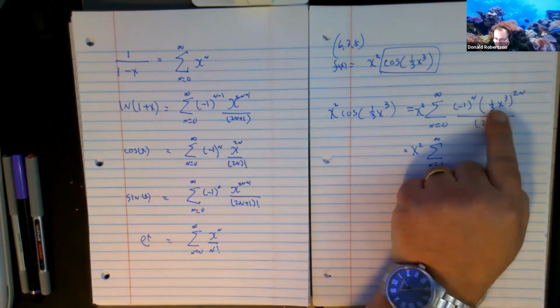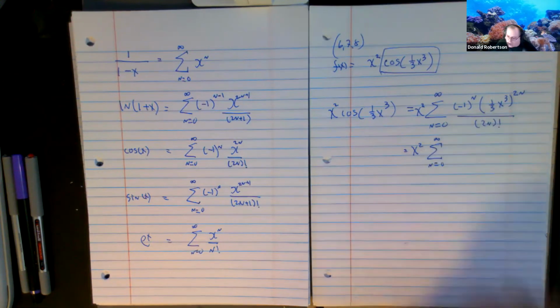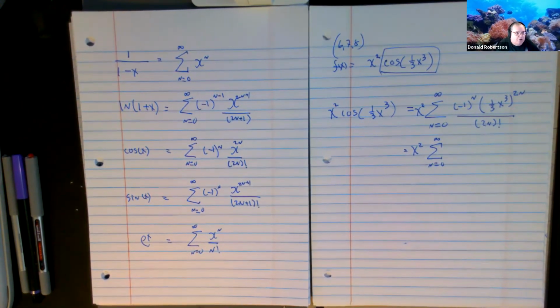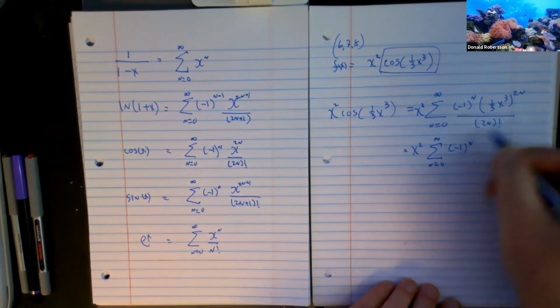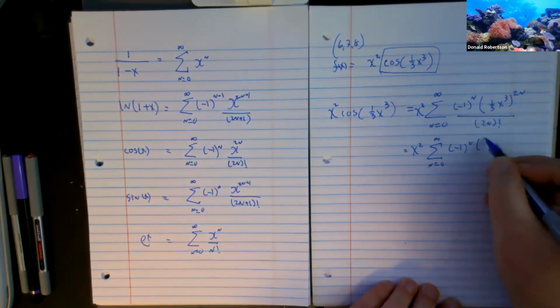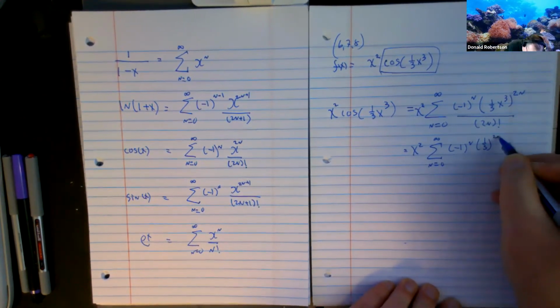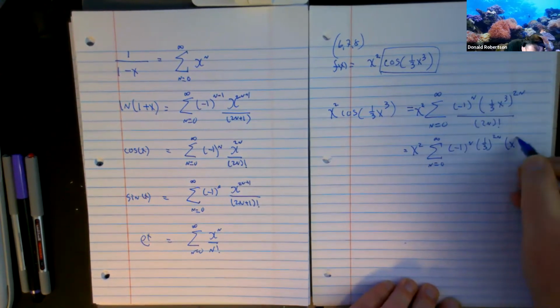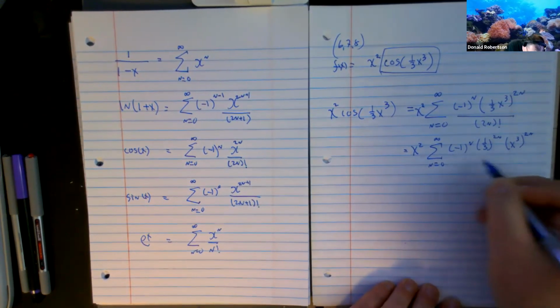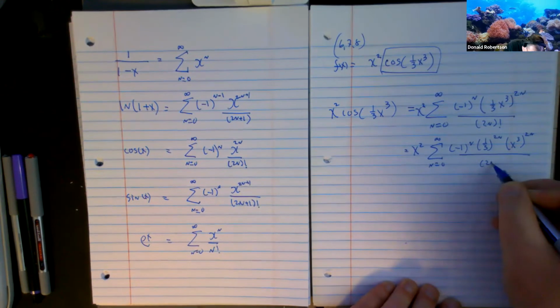Style point: you're not allowed to just leave a sigma in that ugly format. So I am going to take out 1/3 to the power of 2n, and I'm going to take out x cubed to the 2n, and I'm going to do 2n factorial.